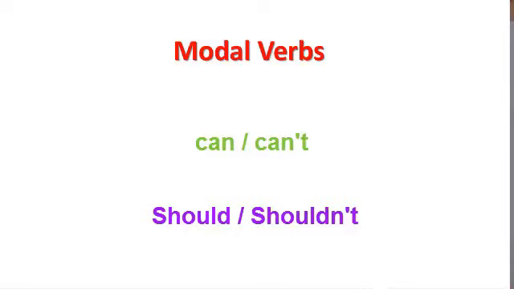For example, I can speak English. Here you express ability. I can't speak Chinese. Here you express inability. Other examples, should, shouldn't. With should and shouldn't, we express giving advice.